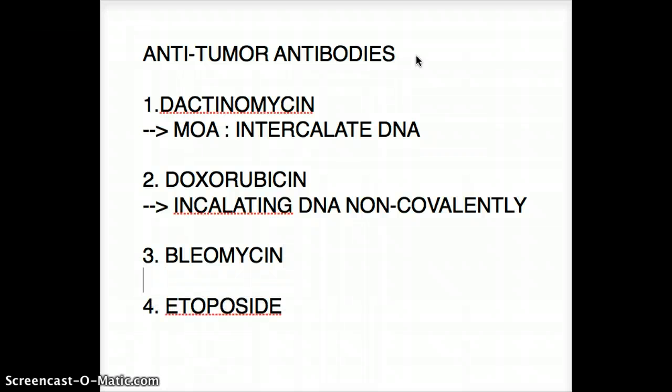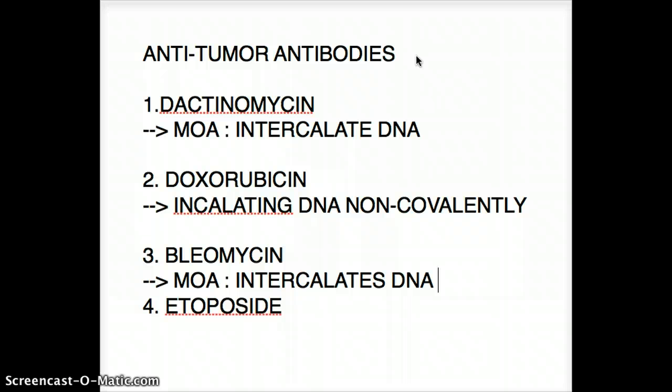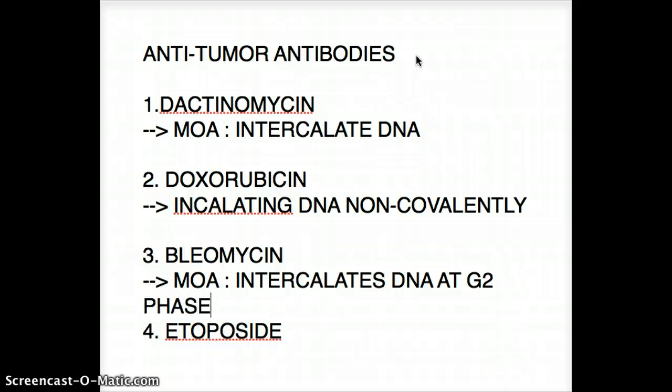Its mechanism of action would be that it intercalates DNA, but there is a little bit of specific information here: they do it at the G2 phase of DNA replication.